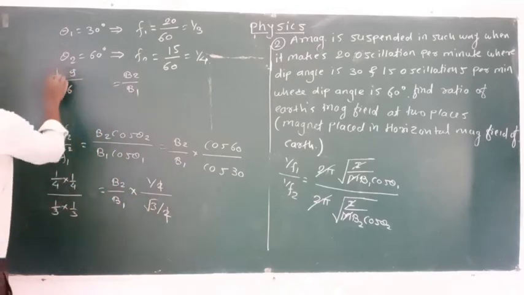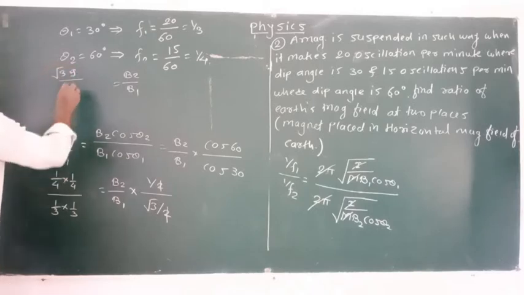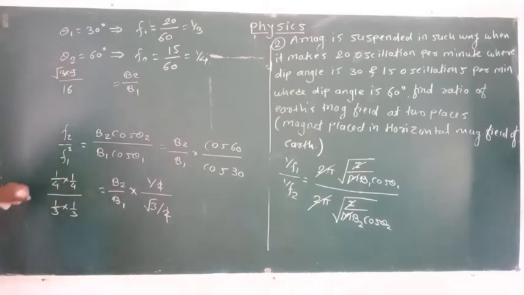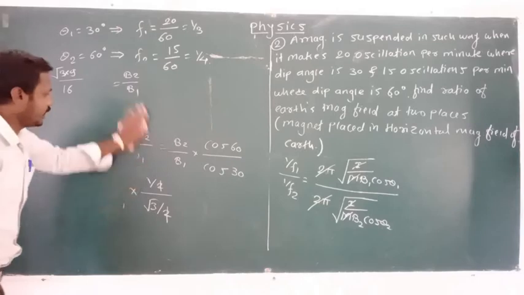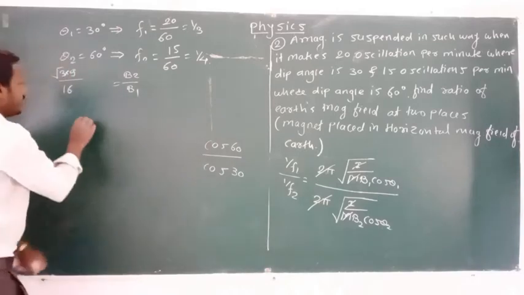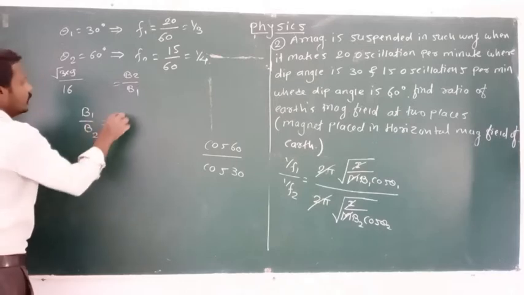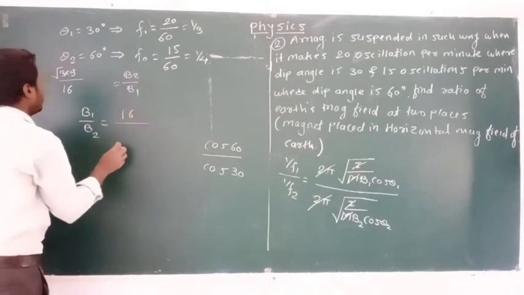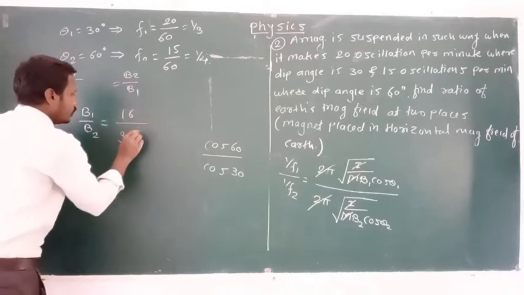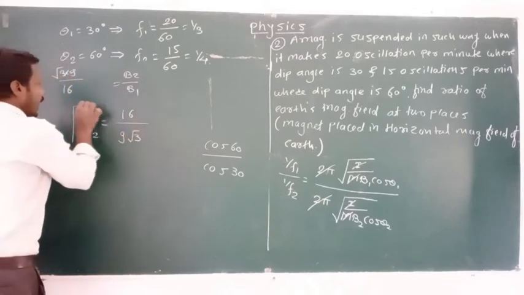Then finally B1 divided by B2 is equal to 16 divided by 9 root 3. This is our answer.